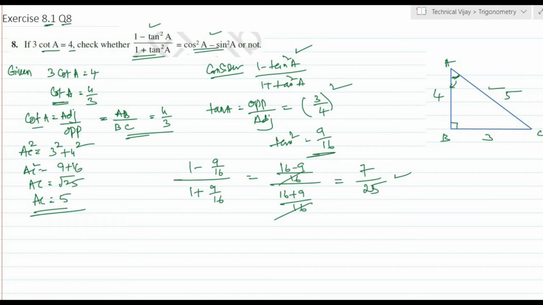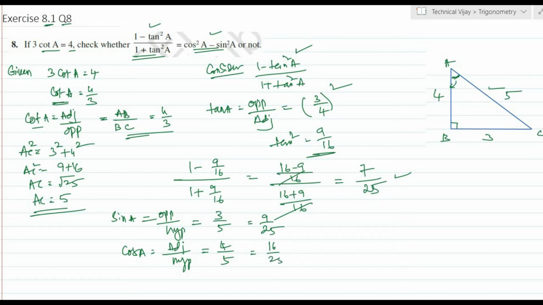So now we will consider this one, cos square A minus sin square A. So before that, first we will see what is sin A and cos A. So sin A is equal to opposite by hypotenuse. So sin A of this one means 3 divided by 5. Okay. So cos A is equal to adjacent by hypotenuse. So here cos A, adjacent means 4 divided by 5. So here sin square means this is 9 by 25. Cos square means here 16 by 25. Okay.